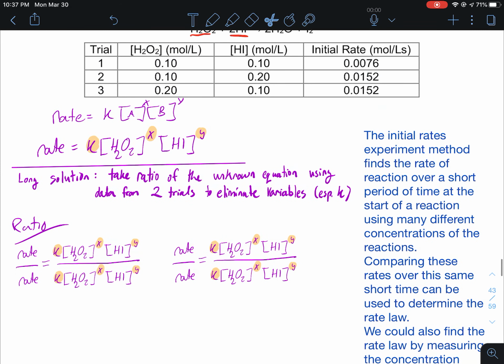In this case, I always recommend you take a trial where the rate is larger and put that on the top. Here, this rate is larger than this rate, so let's put those in that order. We're going to go trial 2 over 1 and trial 2 over 1. So rate number 2 is 0.0152, and the rate at number 1 is 0.0076.